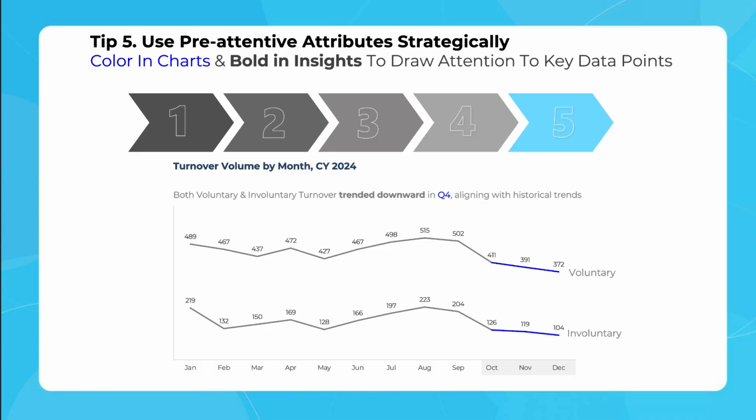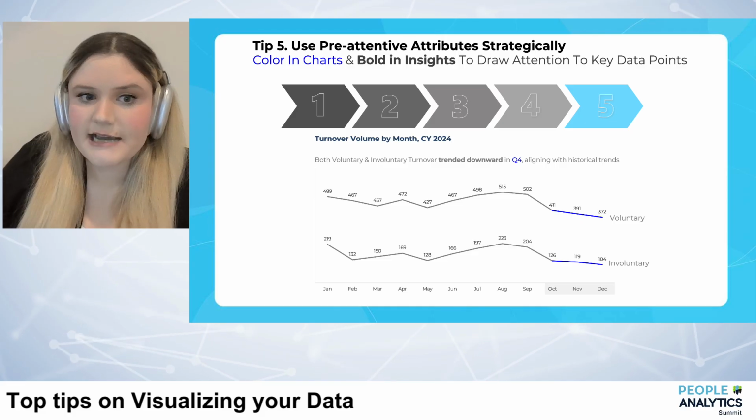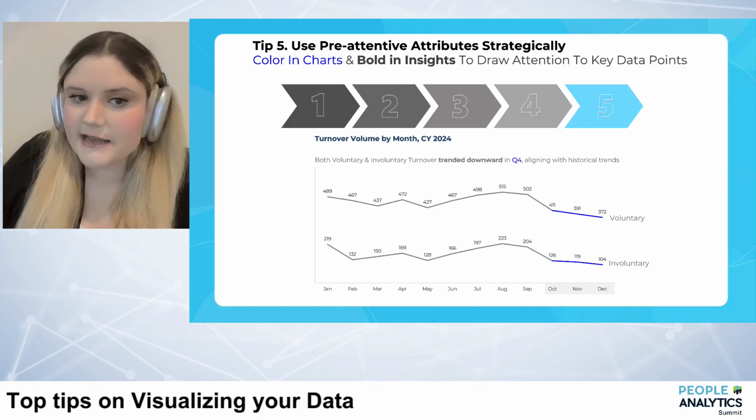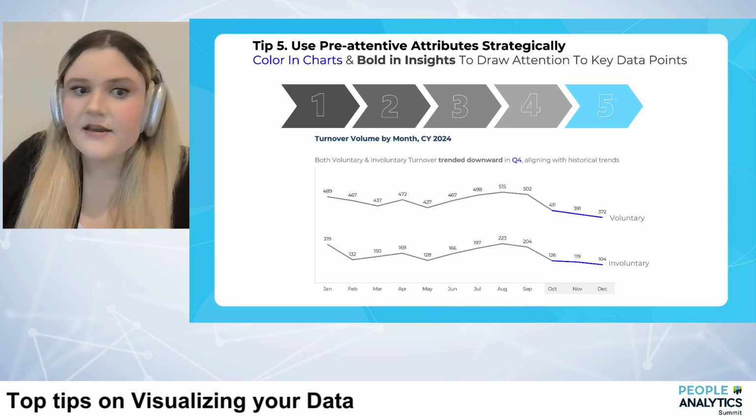data points. So as you can see here on this chart, we're no longer separating voluntary and involuntary by color, still labeled accordingly, but where we're focusing the color is on the order that we want to draw attention to. Both voluntary and involuntary turnover trended downward in Q4, aligned with historic trends.